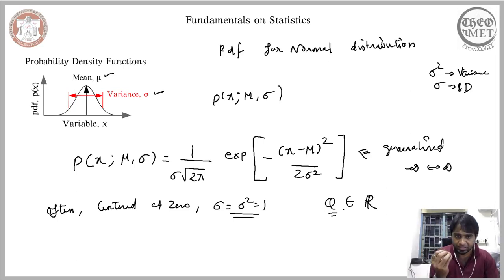When you consider such a quantity, the normal distribution of that quantity will be centered at 0 and the standard deviation will be equal to 1.